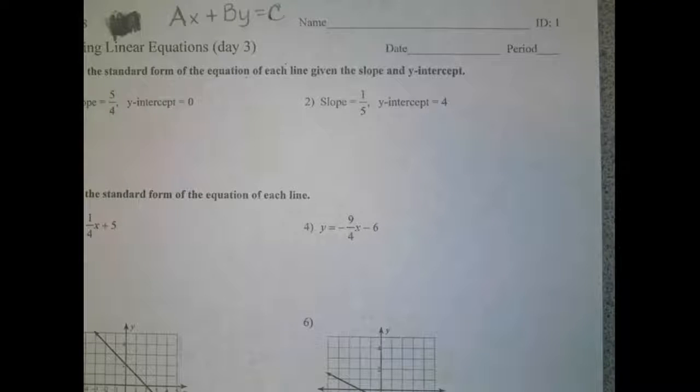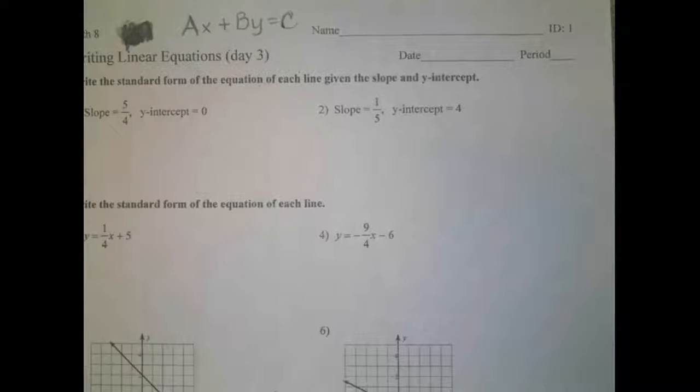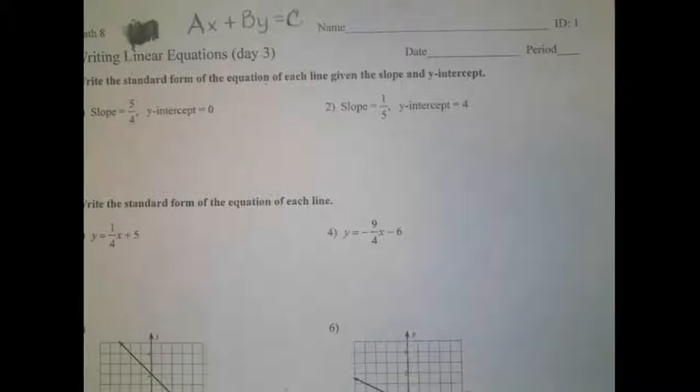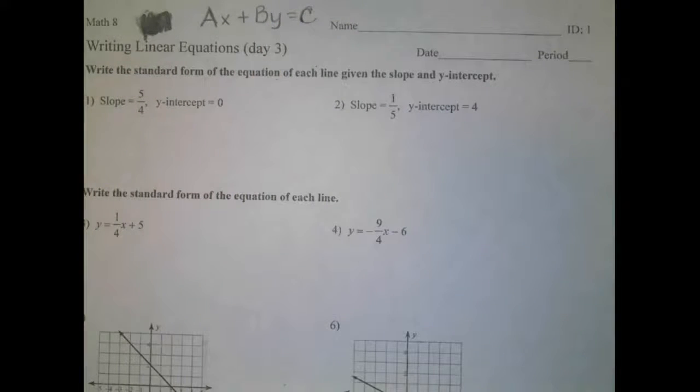It says it right there. This is standard form. This is the format in which you will find most of your equations: AX plus BY equals C. Sometimes the C will be on the other side. That's just a variation of it. Okay, so everybody should have written down at the top of your paper, AX plus BY equals C.